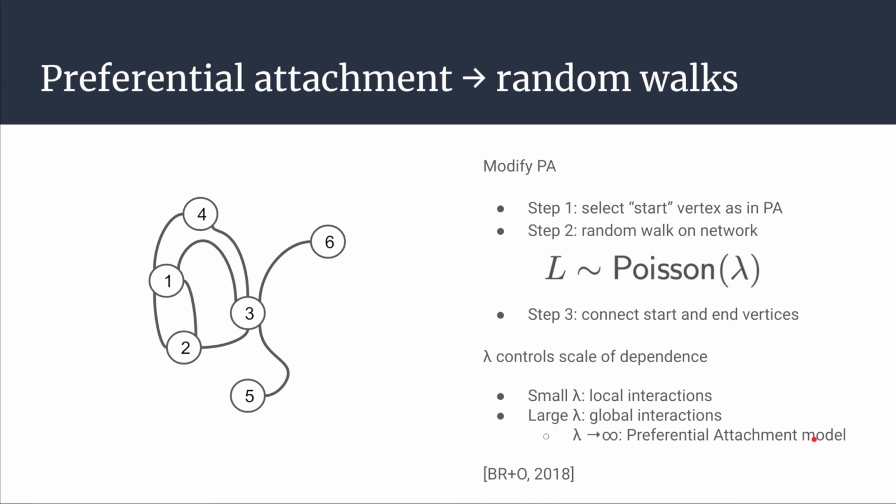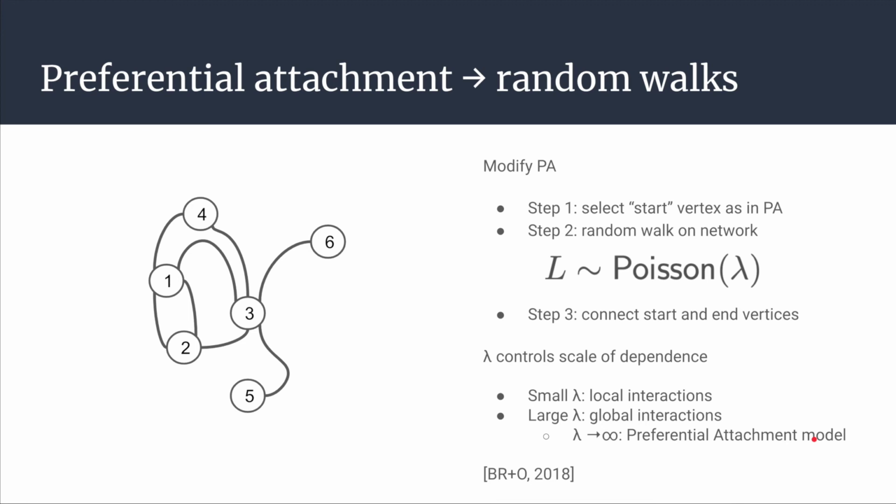Okay, so that's how we insert edges, and of course we can also flip a coin as before to insert new edges. But the basic idea here is that lambda controls the scale of the dependence between edges. So small lambda, heuristically, means that edges form through local interaction. So if this were modeling a social network, new links are formed primarily through small groups of mutual friends.